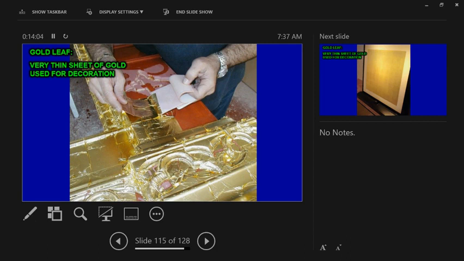So I was getting to the point where gold can hold its cohesion very thin. It's been said that they've made gold leaf that is one atom thick, right? That sounds insane, but when I mentioned this fact, other people said, yes, I've heard that too. So they take gold and they make it extremely thin, and then it can cover more area.